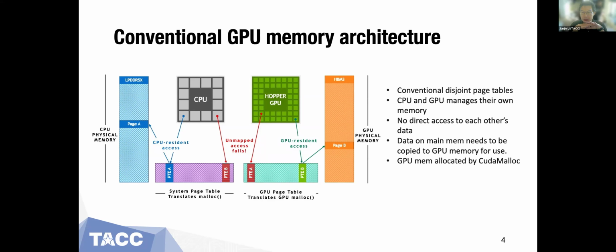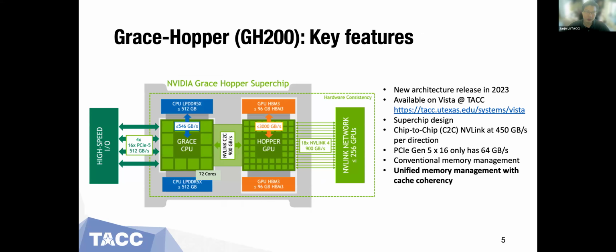So no direct access across each other's data. When data on the main memory needs to be used by the GPU, you have to make a cudaMemcpy, copying from the CPU through some connection to the GPU. After you do the calculation, you have to copy the data back to your CPU. And GPU memory can only be allocated by cudaMalloc. That's how GPU works conventionally.